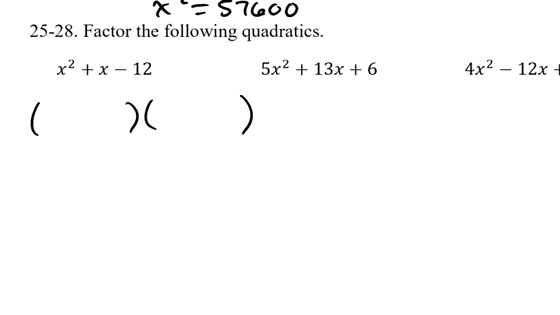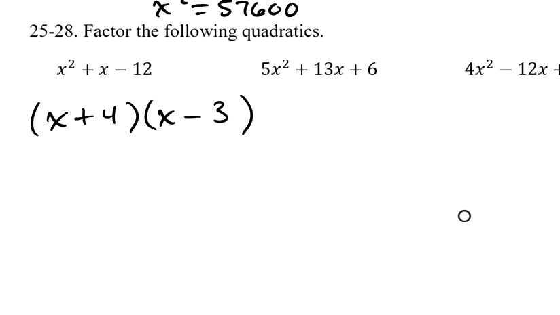If you find you still need that, it's okay, but when your leading coefficient is 1, you should be able to break this down without using a generic area model and a diamond problem. So I need factors of -12 that have a sum of 1. And I know that one of them must be positive and one must be negative. I want a positive sum, so I'm looking at a 4 and a -3. So this is my answer.